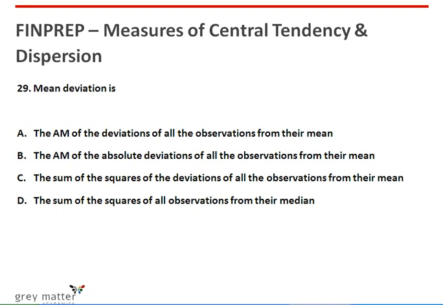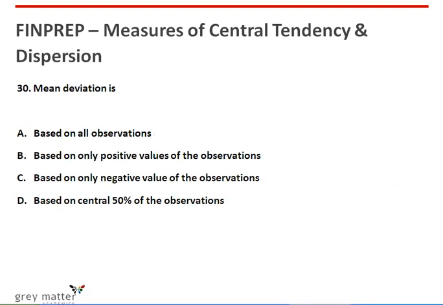So it is the B option as per the PowerPoint presentation, which says the mean deviation is the arithmetic mean of the absolute deviation, that is the modulus of xi minus x bar, of all the observations from their mean. So B is the option. Again I repeat, the mean deviation is the arithmetic mean of the absolute deviation of all the observations from their mean.